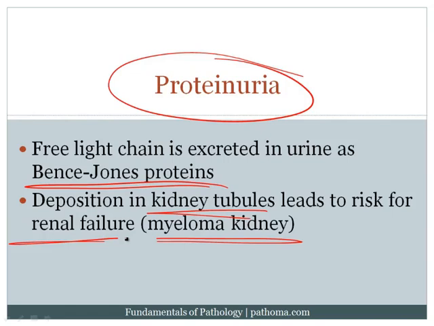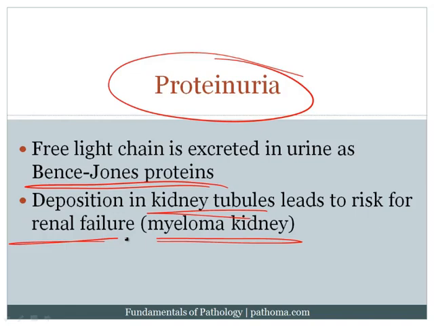Substance number 1, osteoclast activating factor. An osteoclast activating factor will then punch out the bone marrow, giving you bone pain and increased risk for fracture, and will also create hypercalcemia. Similarly, the plasma cells are going to produce immunoglobulin, giving you a high serum protein with an M spike on serum protein electrophoresis. And also, you're going to lack antigenic diversity because you've only got one cell type that's making all of the immunoglobulin, which is then going to result in an increased risk for infection, which is the most common cause of death in multiple myeloma.